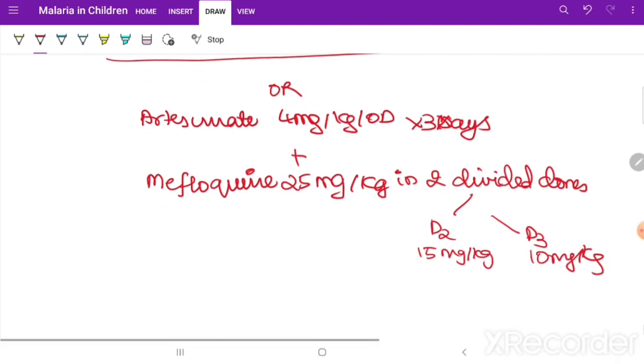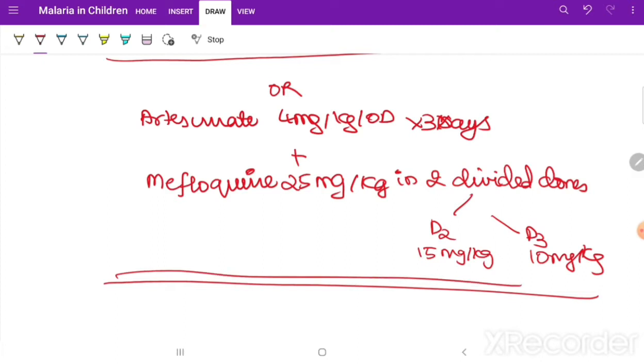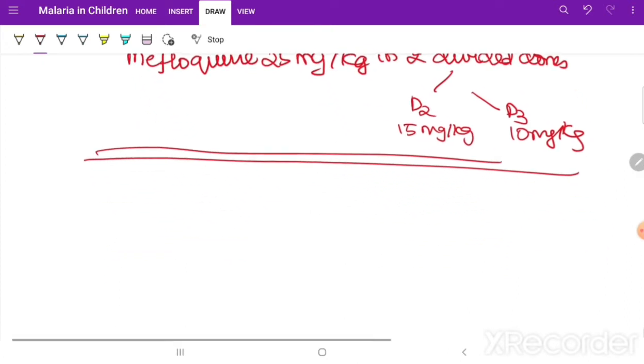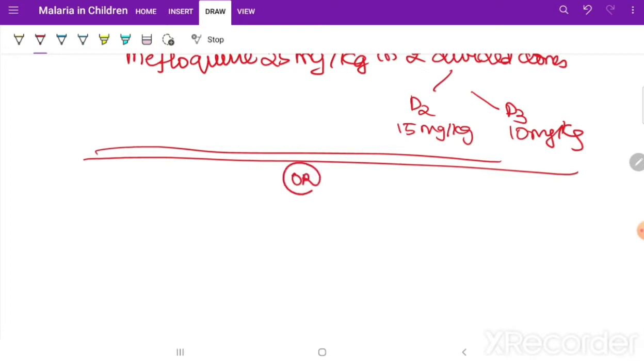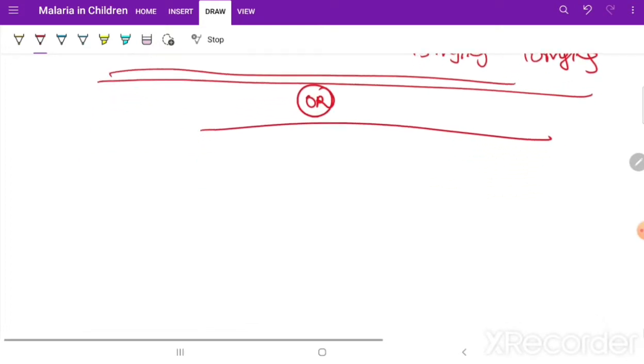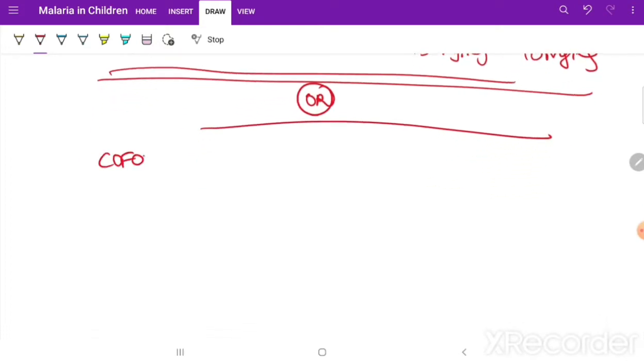Okay, the easier and most commonly followed method, even in my hospital and in many private clinics, is this. There are co-formulated tablets, which are given with fatty food, especially like milk, for better absorption.